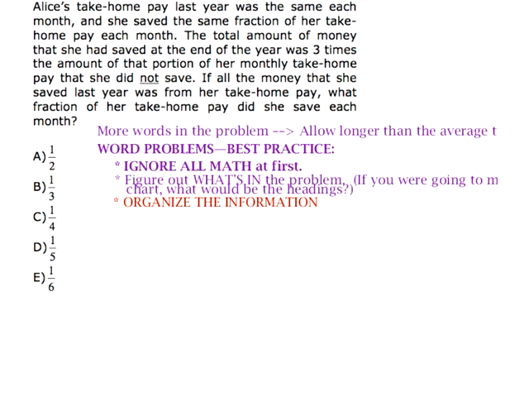So let's do that, and then we'll add some more stuff to this in a second. So what's in the problem? Well, we've got take-home pay last year, and that was per month. And then we have the fraction of that, so that fraction is new. But then the take-home pay each month is the same thing, and this is still the same color.